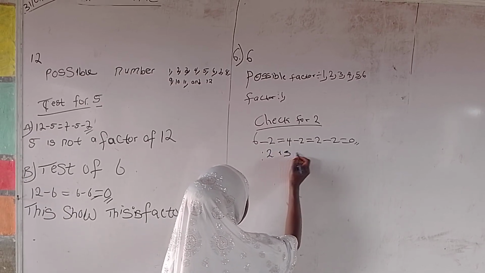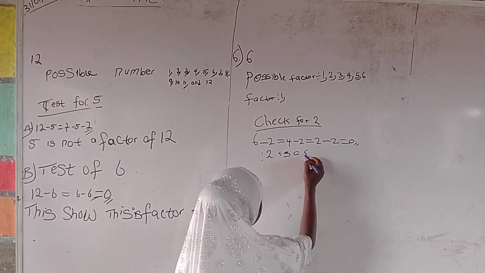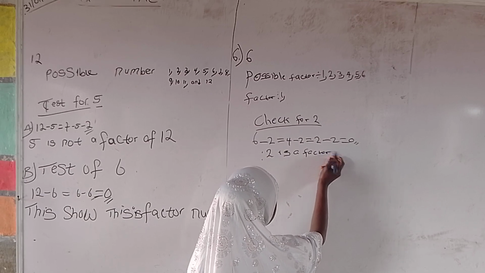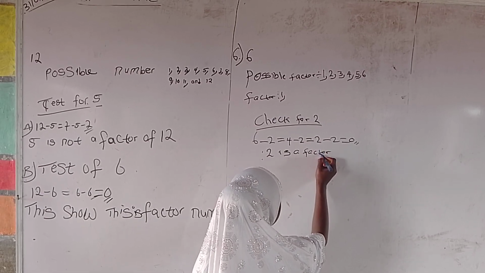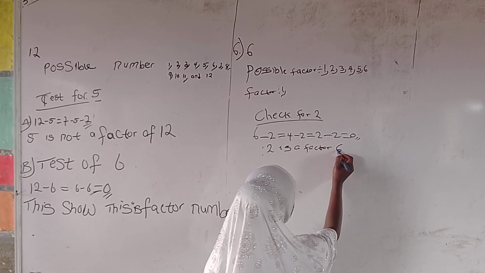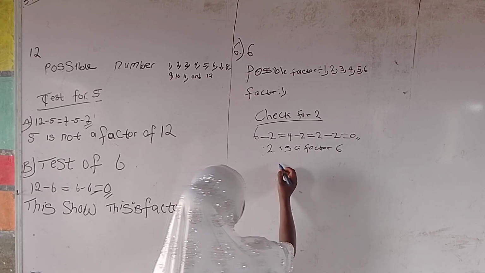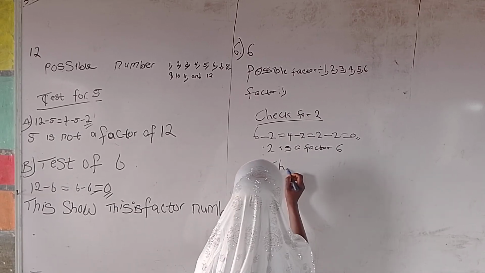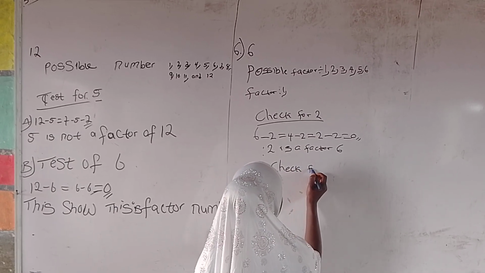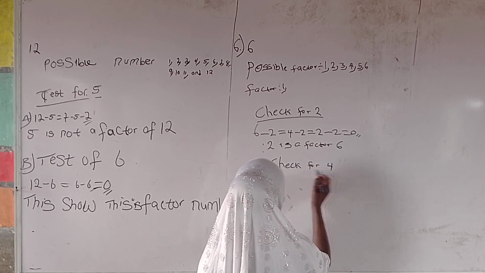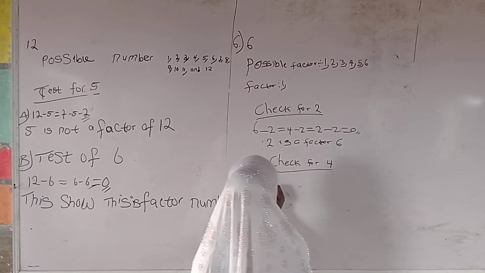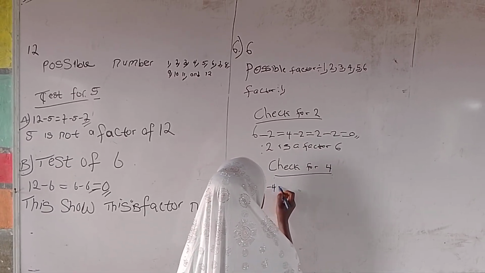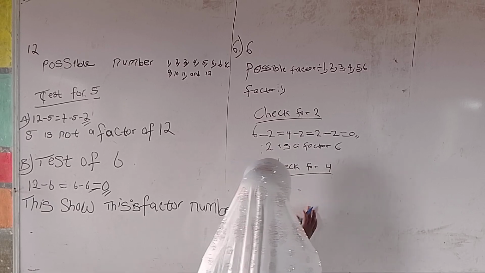So it's a factor of 6. Check for 4. 6 minus 4 equal to 2.